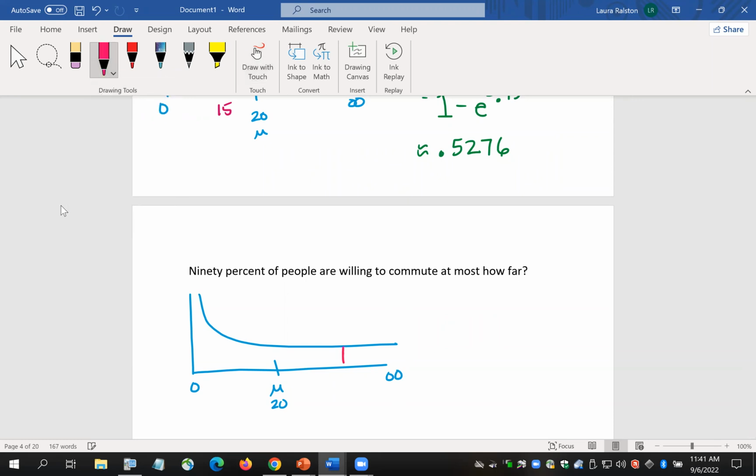So 90% is going to be somewhere above the mean. So this shaded area here is 90%, which as a decimal is 0.90.